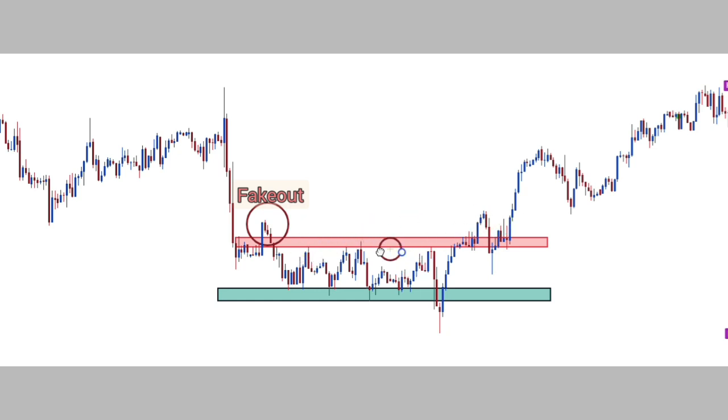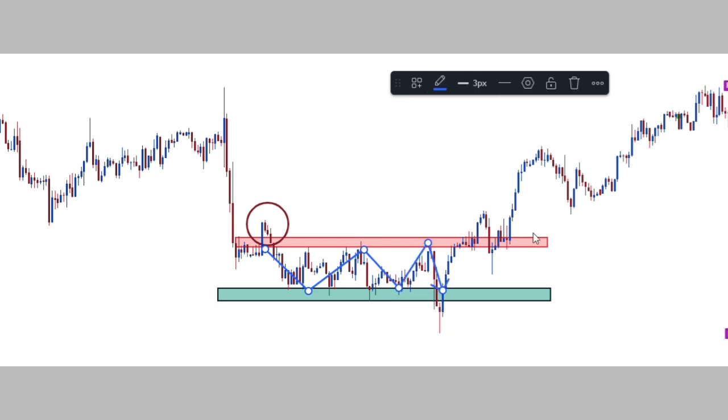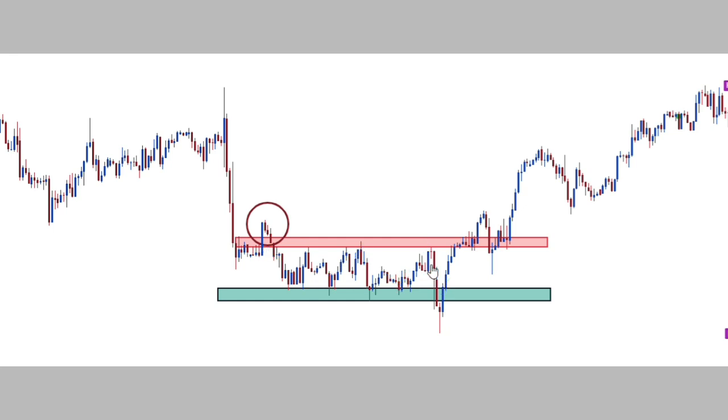So most retail traders are waiting for price to break out of this consolidation. They are waiting for a breakout before they can buy or sell. As they are waiting, something happens here.